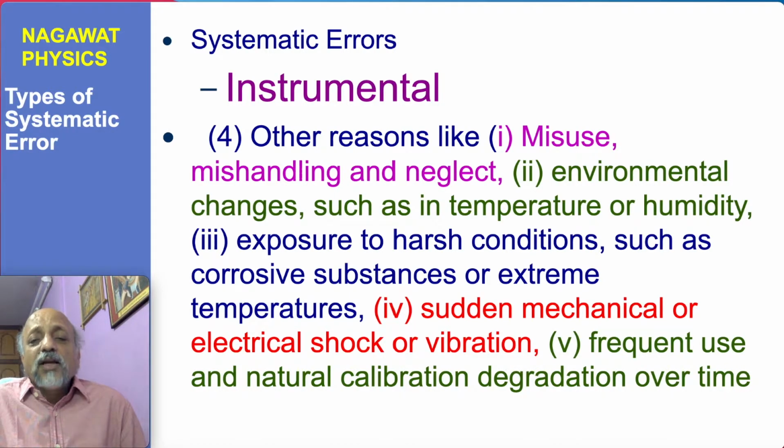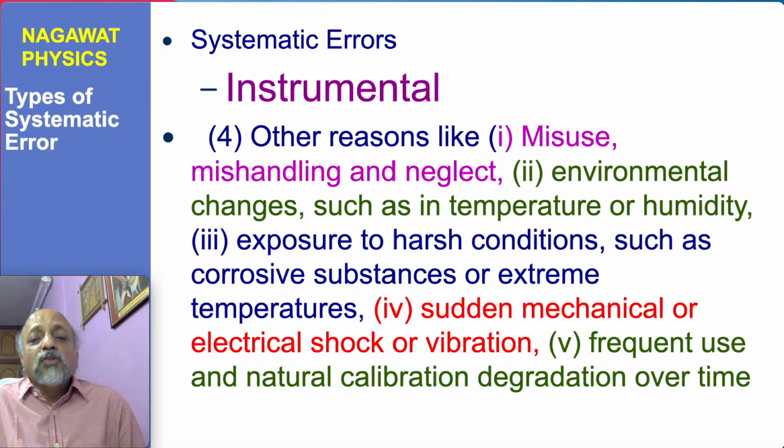There are instrumental errors also arising because of environmental change, such as temperature or humidity. Since environmental change in the laboratory at times cannot be avoided, in those situations the measurement, if made at different temperature or different humidity level, may differ in some cases. So the instrumental error may arise because of environmental changes.